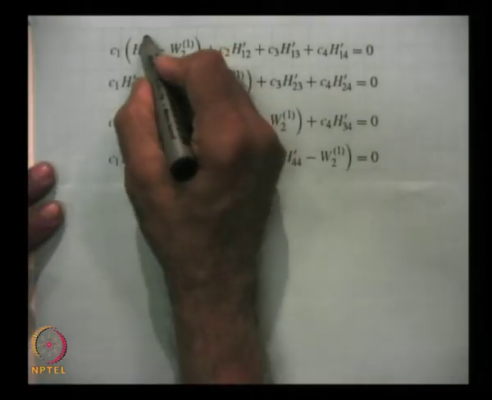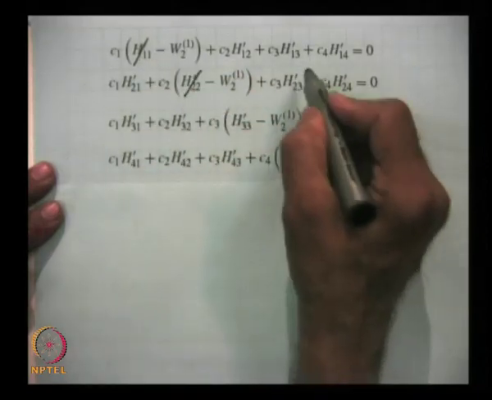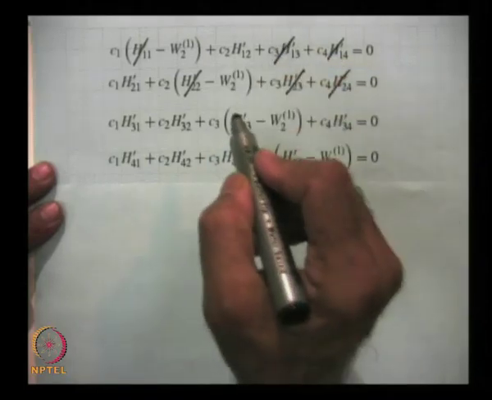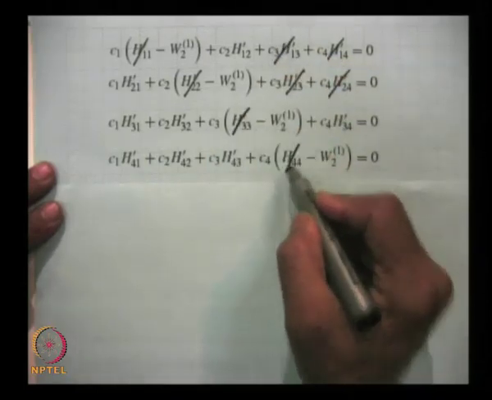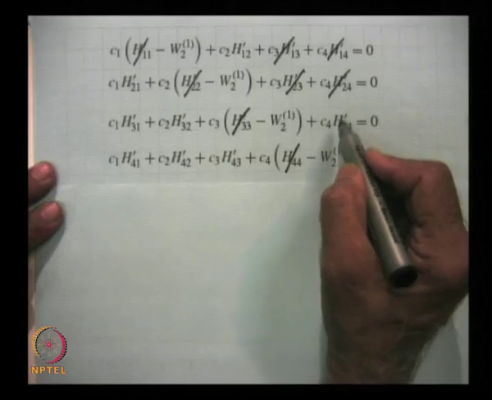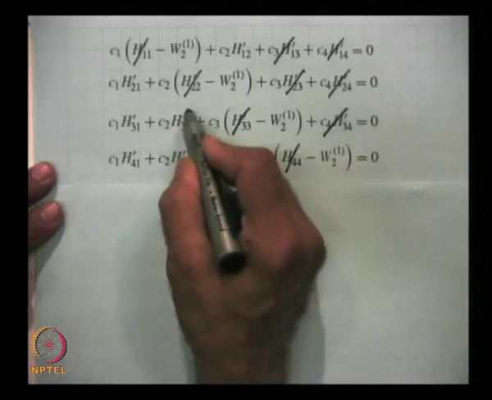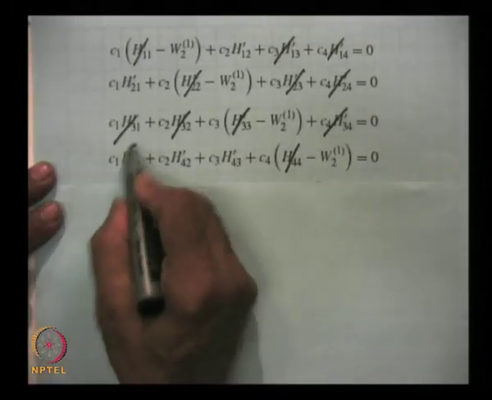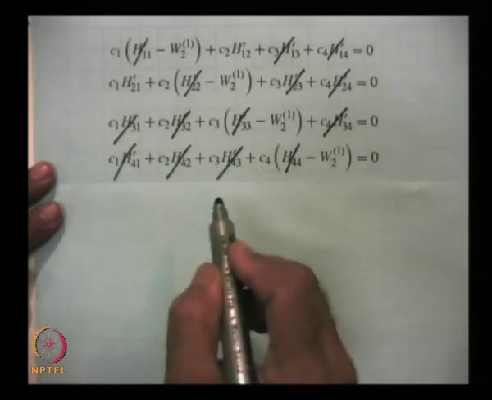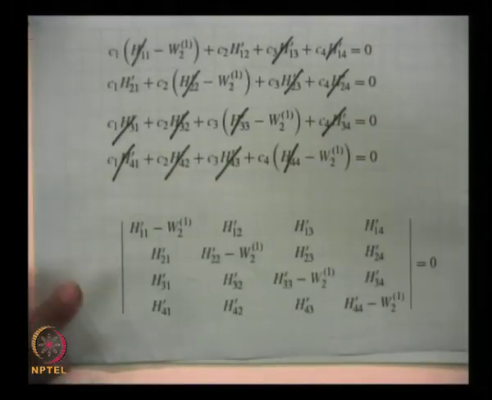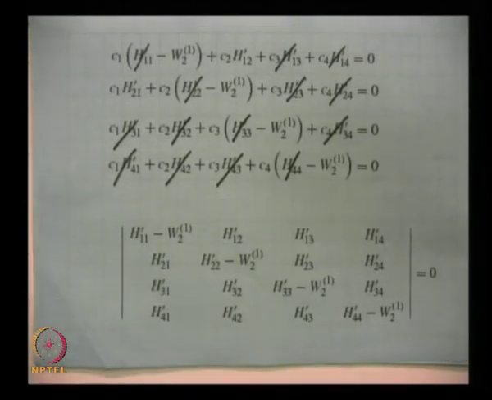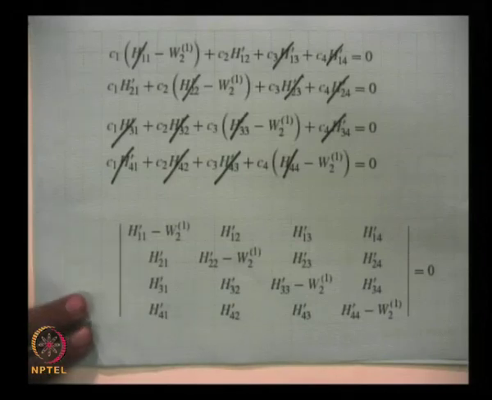Now, most of these terms are 0. In general, if all of them are non-zero, this is the determinant that we have to solve.